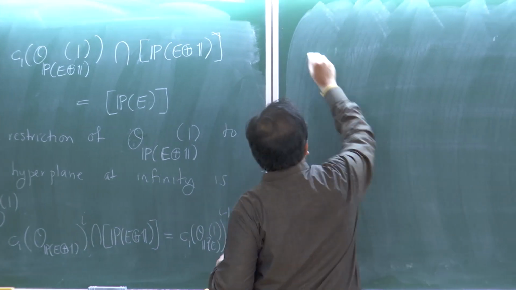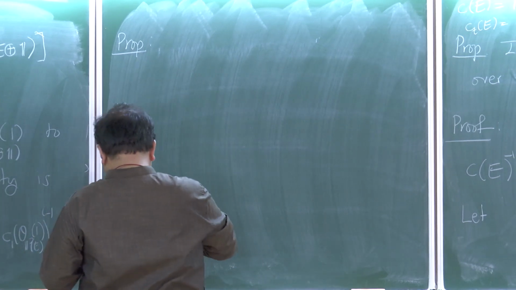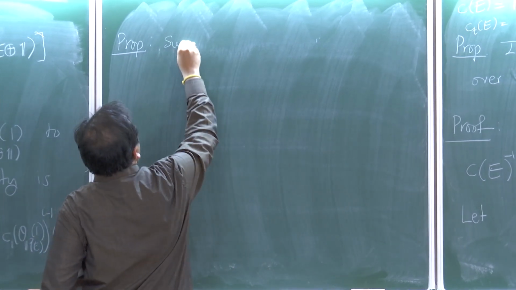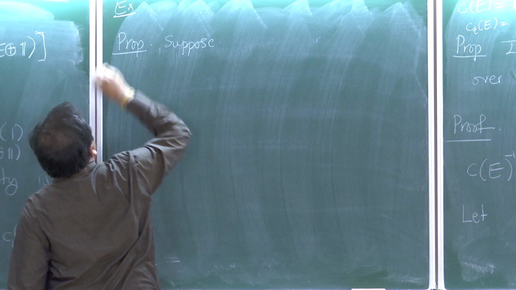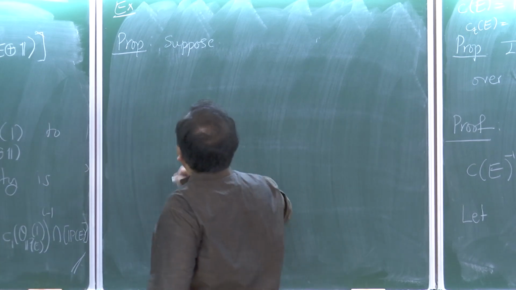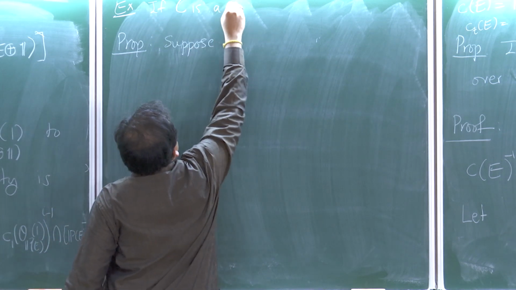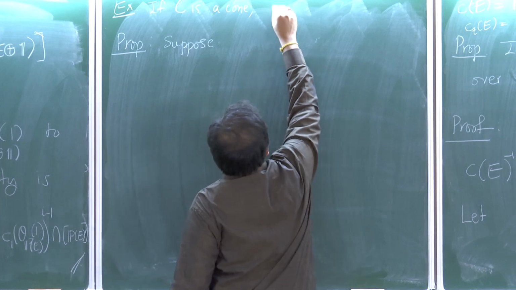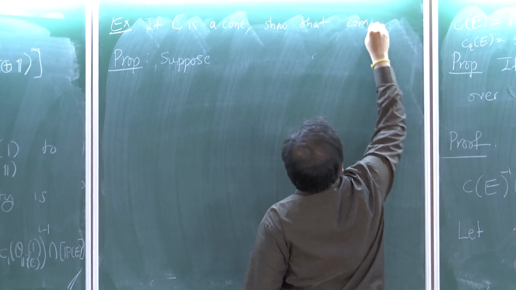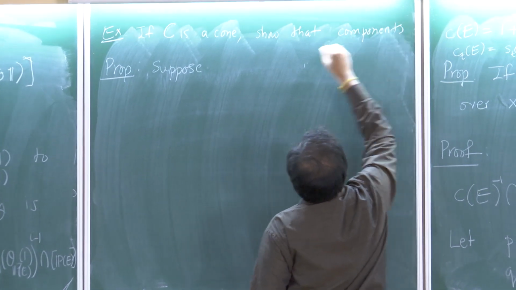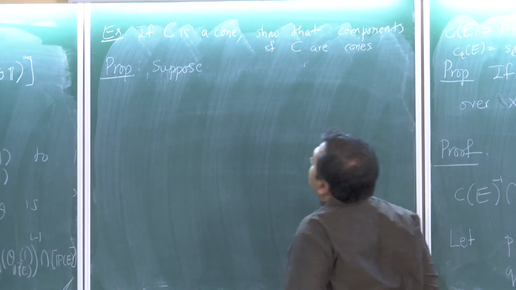Since we just talked about components, suppose, let me just record this, so maybe we can discuss this in the discussion session if needed. If C is a cone, show that components of C are also cones.